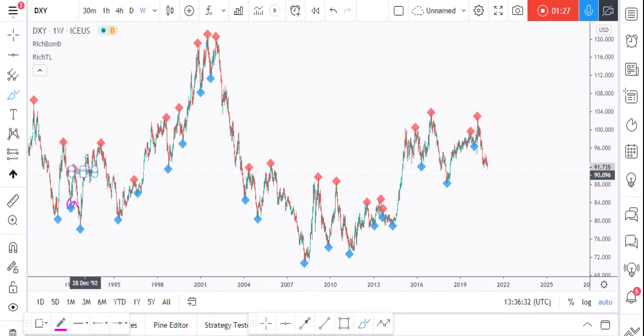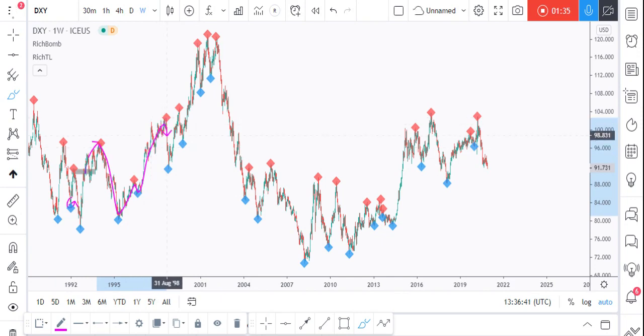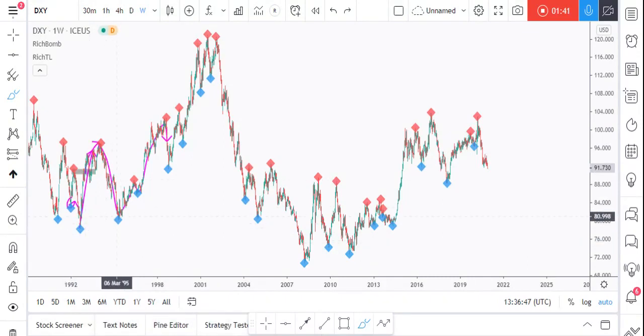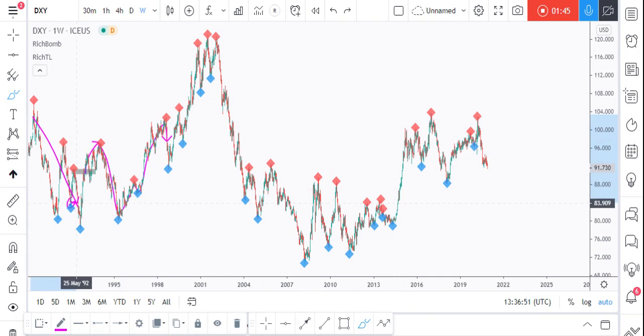So starting from here we are bullish more than bearish, and as you clearly see price started to make higher highs and higher lows. As you can see, after the break price didn't make a lower low and instead made a higher low. So now we were bearish, now we are bullish.